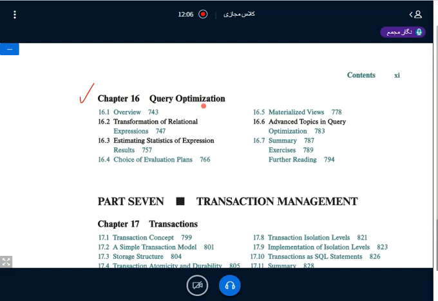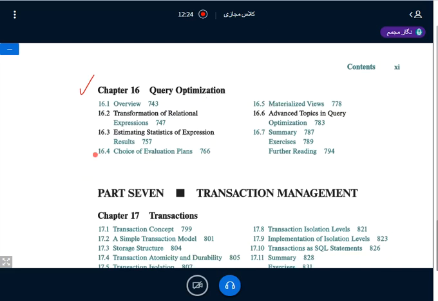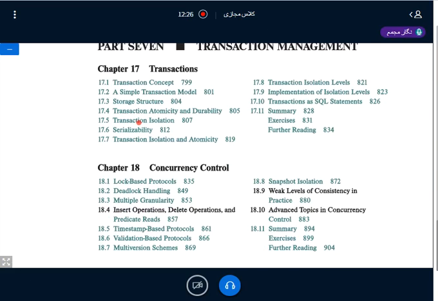And also chapter 16, query optimization. We understand how we can optimize our queries, how we can write them better and run them faster.